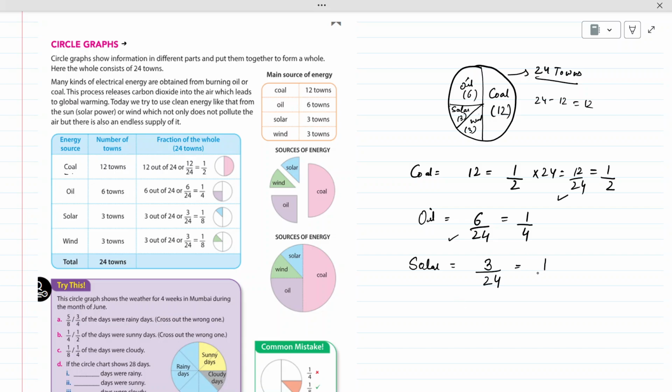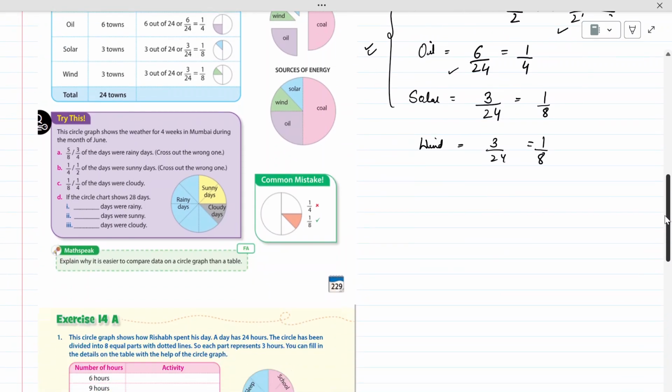So this is 1 by 8. Similarly for wind also, we have 3 by 24, that is 1 by 8. Okay, so these are the fractions. We can represent them in the form of fractions, we can represent them in the form of numbers, we can plot it as required in our question.